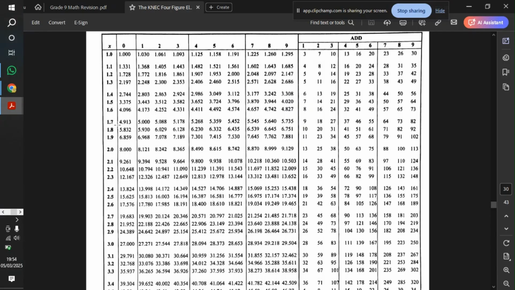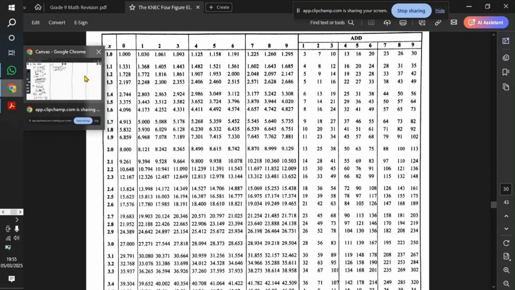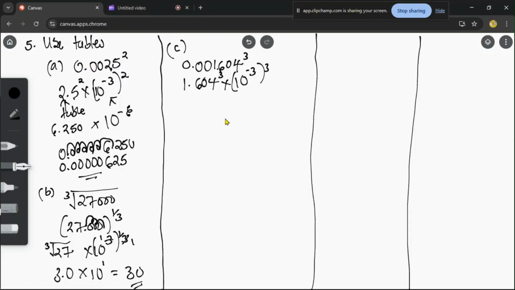So I come to the table at 1.60, then you have 4 in the last column. So 1.60 in this column, then 4. If I follow the straight line, 4 is 24. So I will say 4.096.